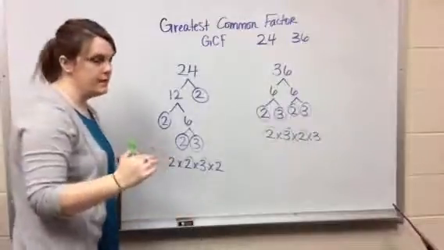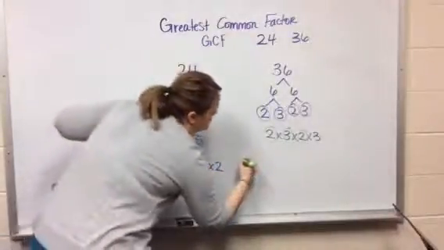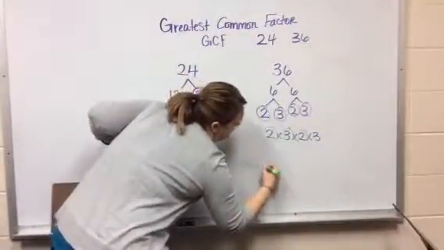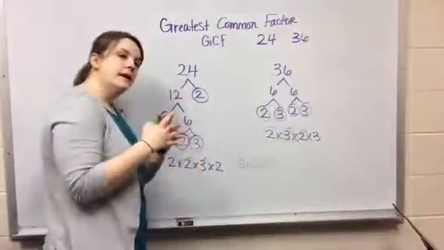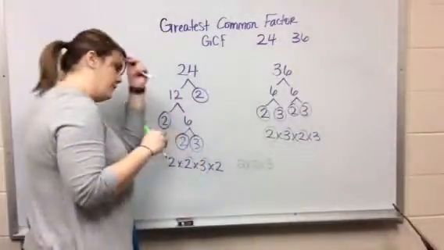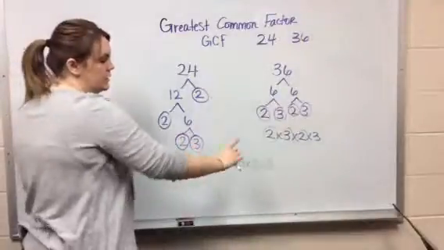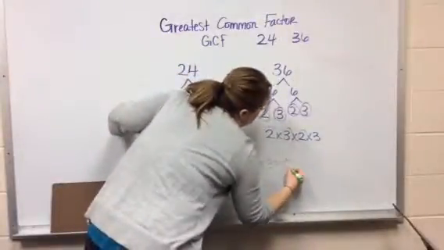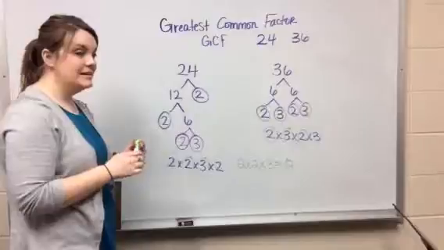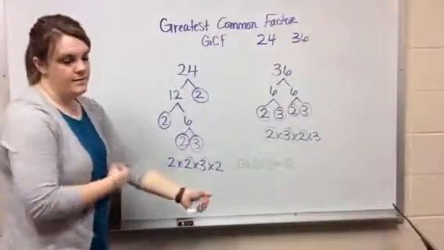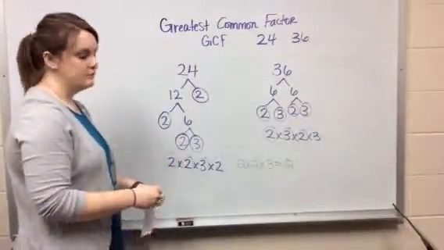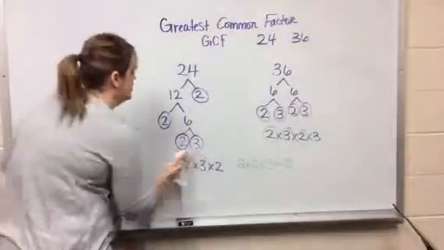Again, the order doesn't matter. So I'm going to do 2 times 2 times 3. I'm going to multiply together the numbers that they have in common. 2 times 2 is 4 times 3 is 12. And there's my greatest common factor.